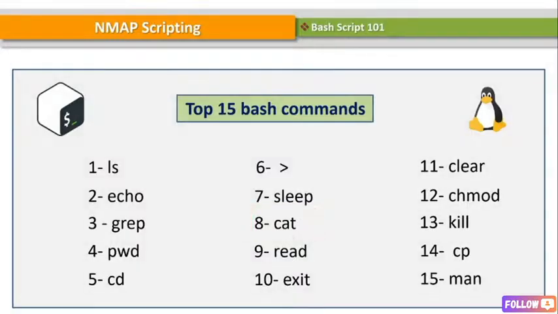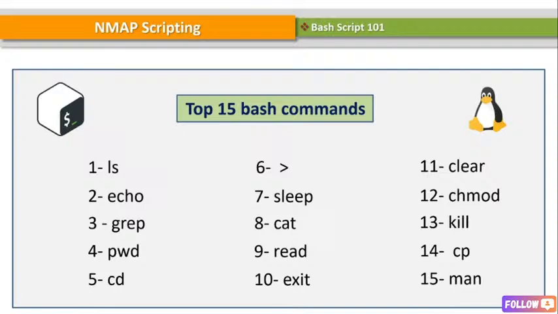The ninth is read. The read command is a bash built-in command that reads the contents of a line into a variable. The 10th is exit. The exit command will close a terminal window, end the execution of a shell script, or log you out of an SSH remote access session.